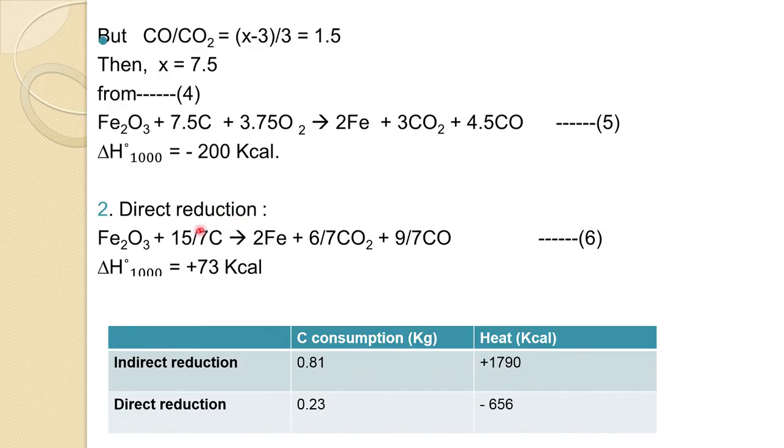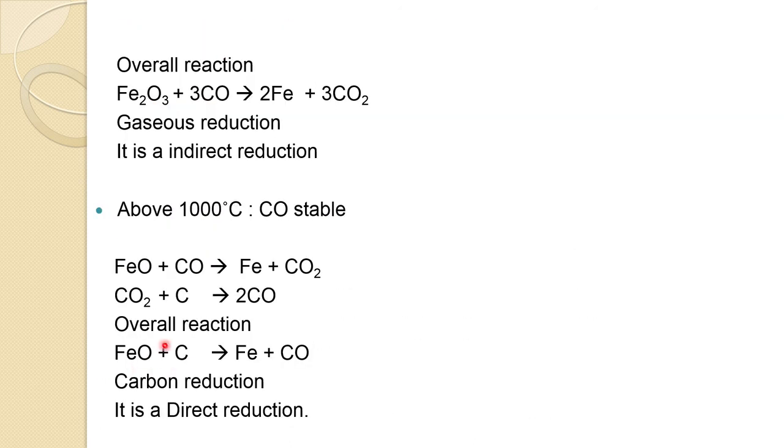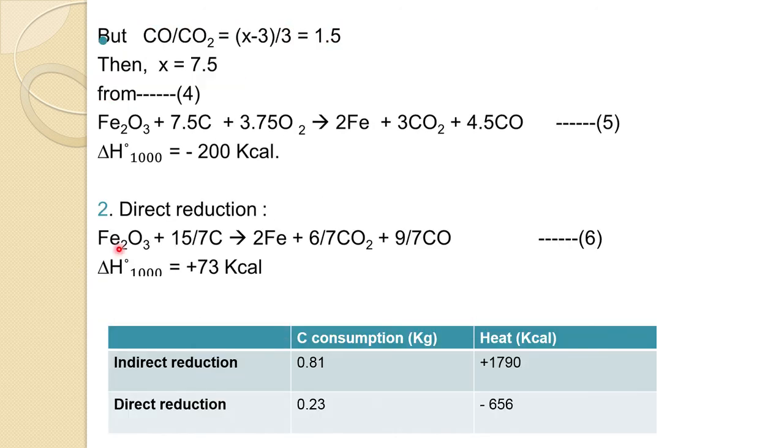Now, if we take the direct reduction which we said in the previous one, where Fe2O3 is reduced directly, let us say with the carbon, we know that the CO/CO2 ratio is 1.5. So, maintaining that you can balance the reaction easily. Here the ratio is 1.5 and then the remaining you can balance.